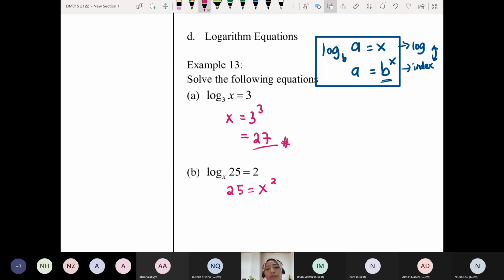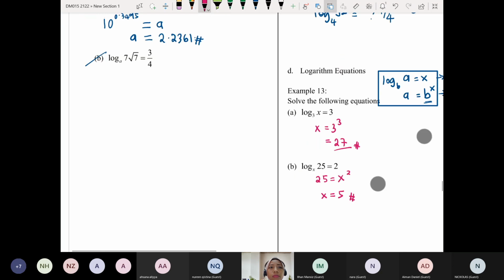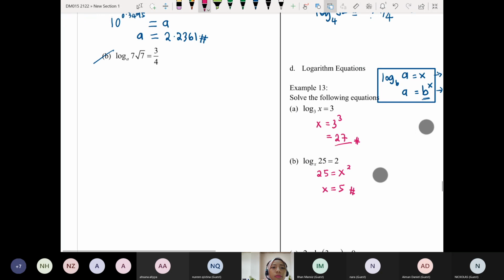Yes, 5 square. 25. Okay, so 25 is 5 square juga. So X adalah 5. Then only you dapat when you substitute X equals to 5, 5 square you dapat 25. Okay.